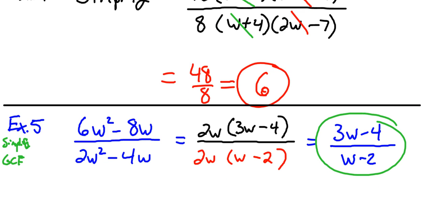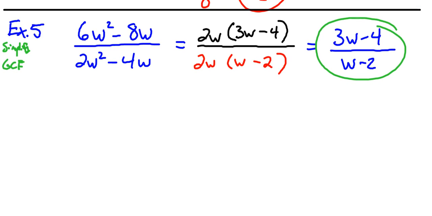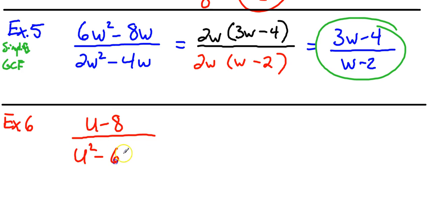Okay, one more, simplify. I have U minus 8 over U squared minus 64.